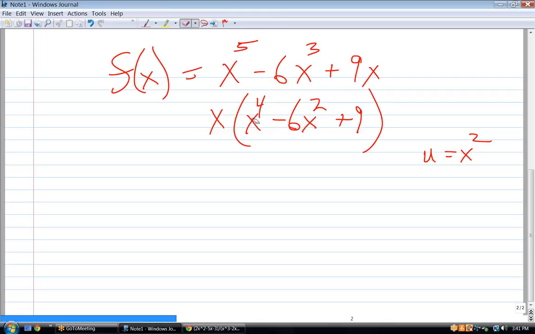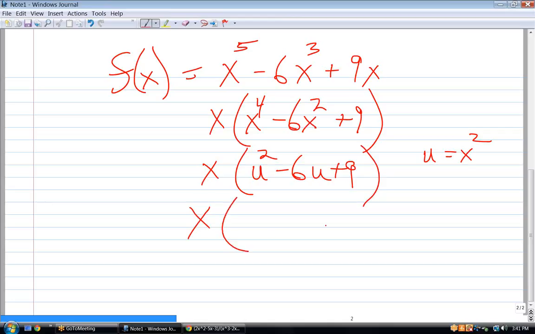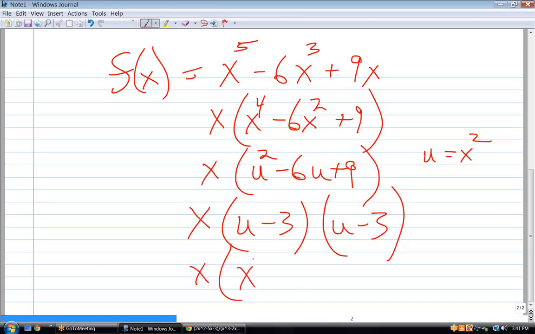It just has to be this term is the square of this term and a constant, and we can use this substitution method to rewrite it. In other words, it now becomes that, factorable easily. It's a quadratic. Now we go back in and we resubstitute. For u, we put back in x squared.